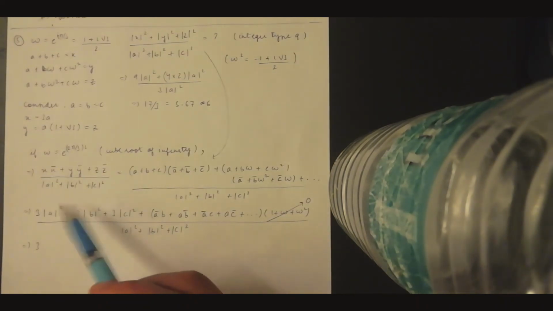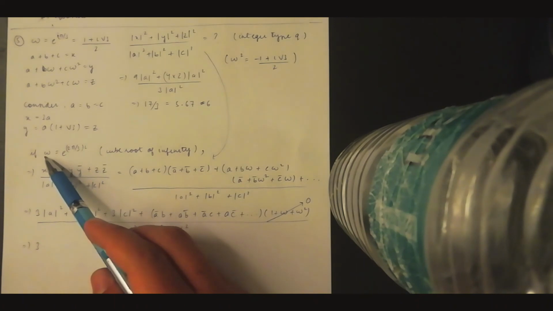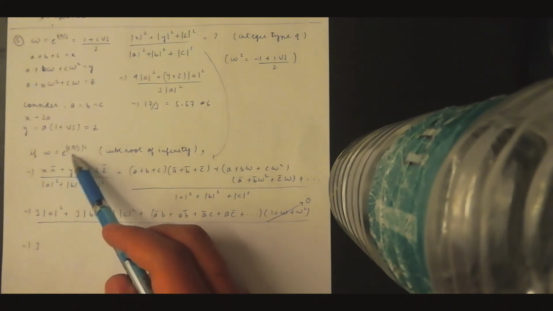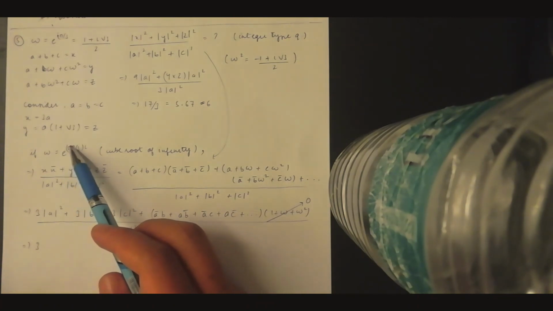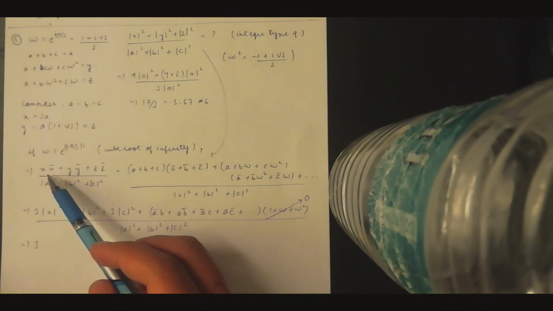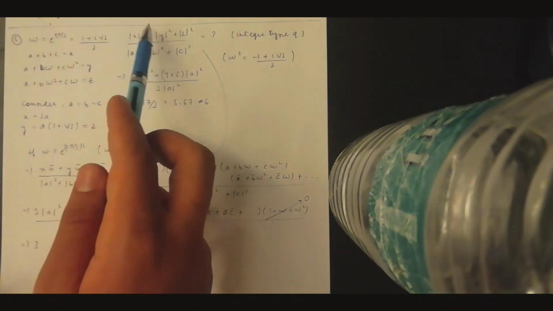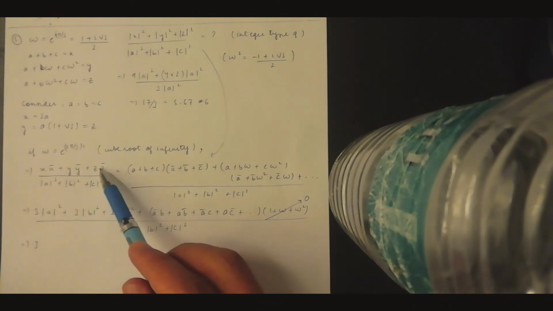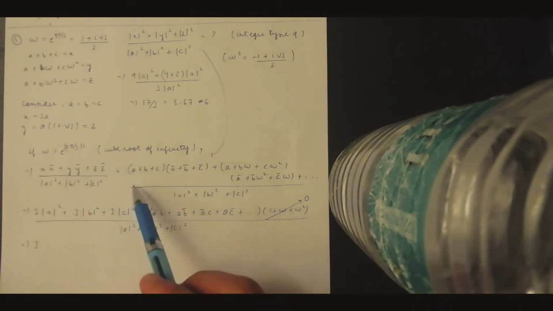Now an alternate question will be when w is actually omega, which is basically cube root of unity, right? So e to the power of i 2 pi by 3. Now for that you need to take a different approach. You can simplify this into this, right? We discussed it in the previous question, z and z conjugate.